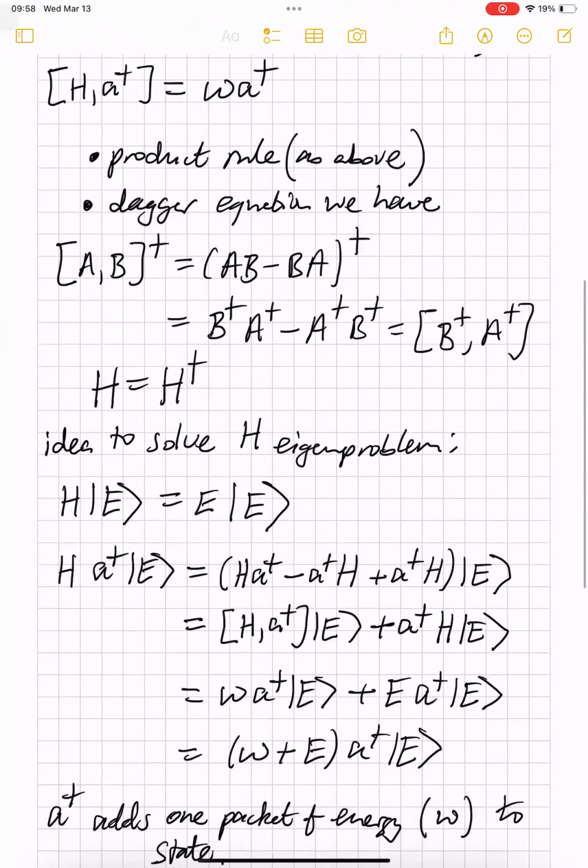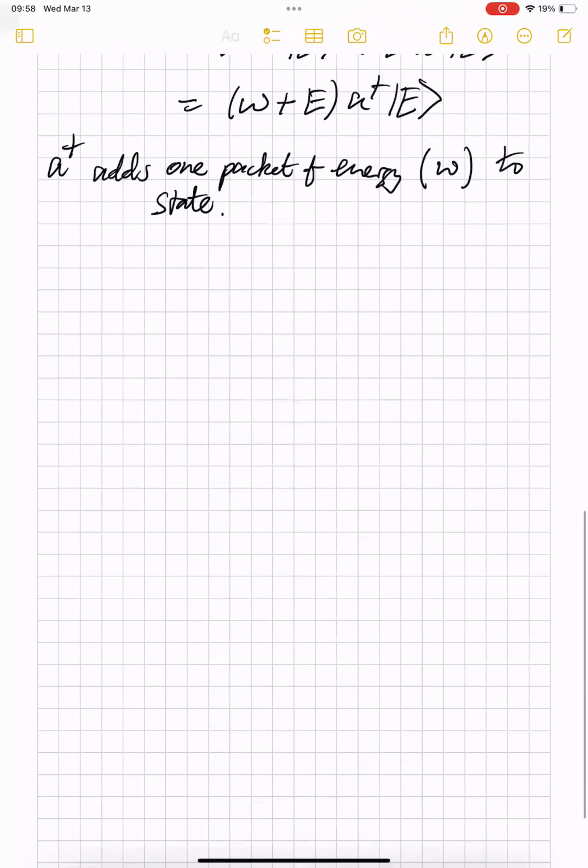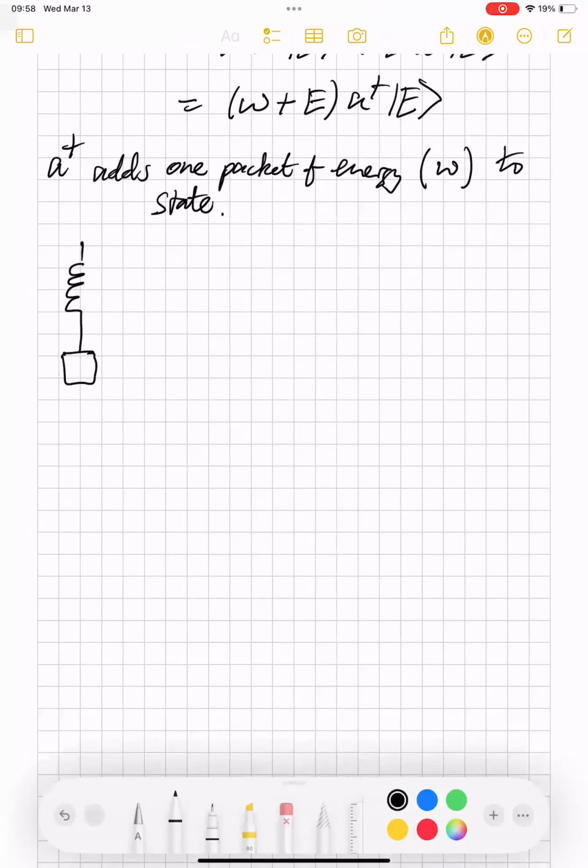So when we want to think about our system, what does our system look like? Well, it's a spring, and there's a mass sitting at the bottom of the spring. And what is happening is our spring is oscillating. So let me just copy this. Duplicate, good.